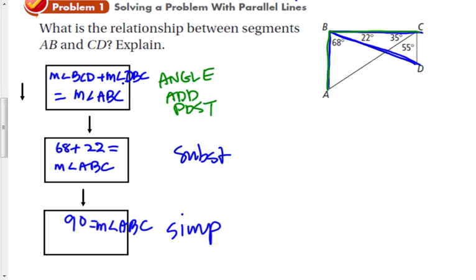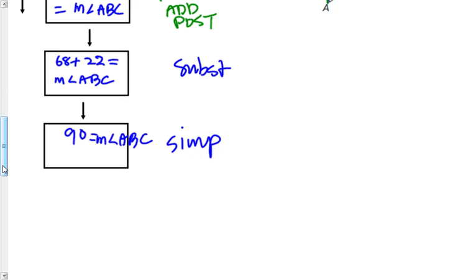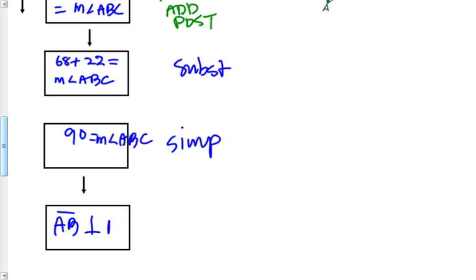And then, since we have a 90-degree angle, we can say that segment AB is perpendicular to segment BC, and that's by the definition of perpendicular.